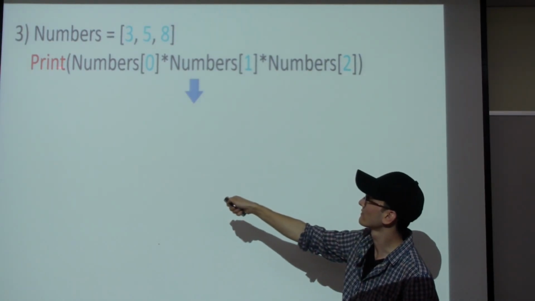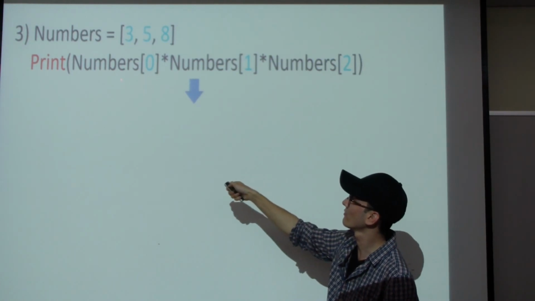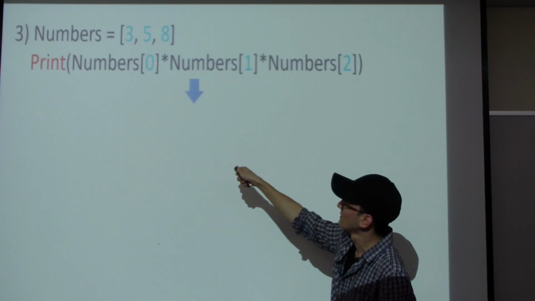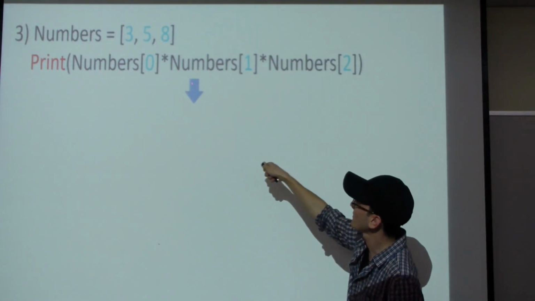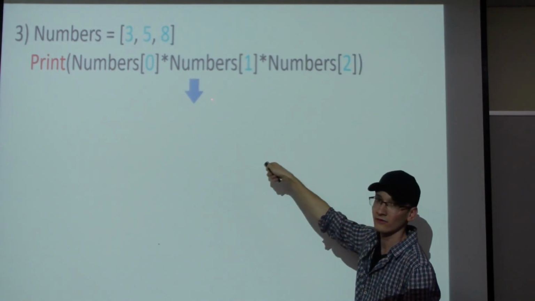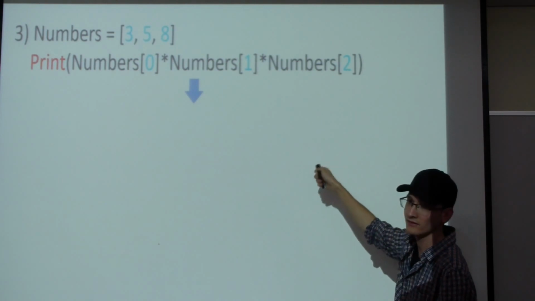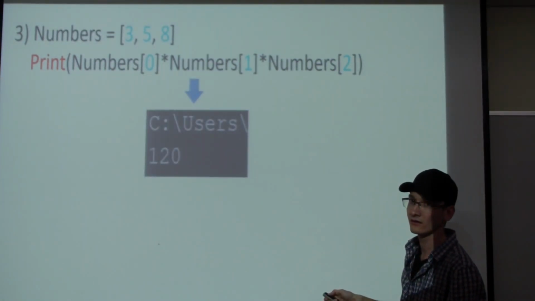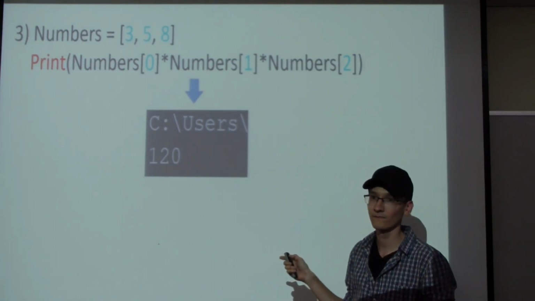Now we use the print function, and inside the print function we are writing the 0 element from the numbers list multiplied by the 1 element from the numbers list multiplied by the second element from the numbers list. The same result, 120. Did you understand it?